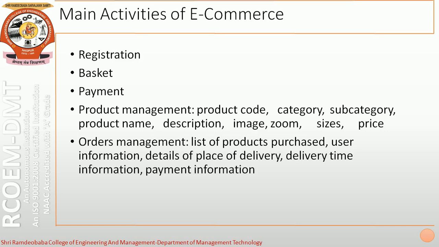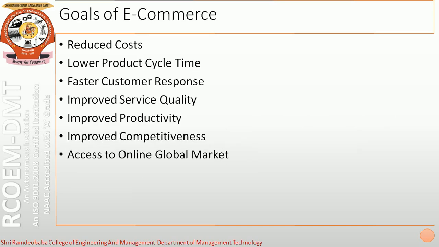So the list of products purchased, what all you have purchased, your information, your name, your account number, your email ID, your phone number, then details of place of delivery, where the item has to be dispatched and what time, and the payment information, the connected bank or the connected credit card or debit card number. Acquiring this information and working on it is a part of order management. So these are some of the main activities of e-commerce.